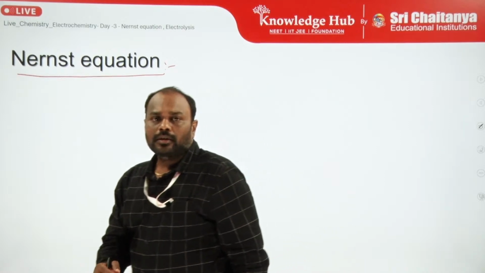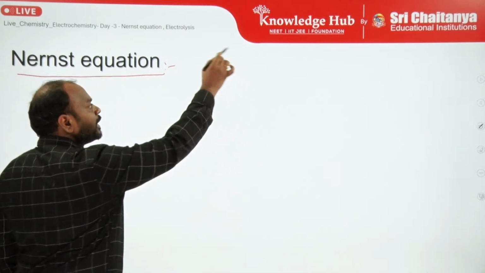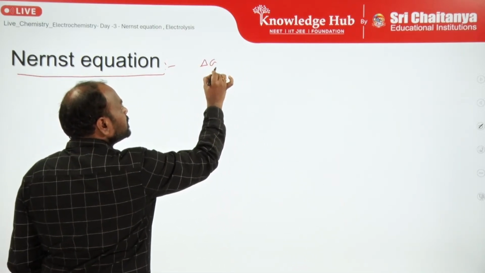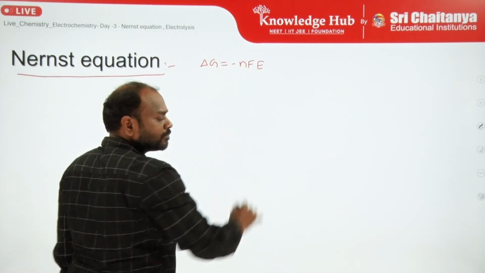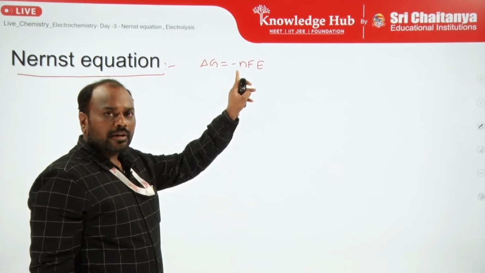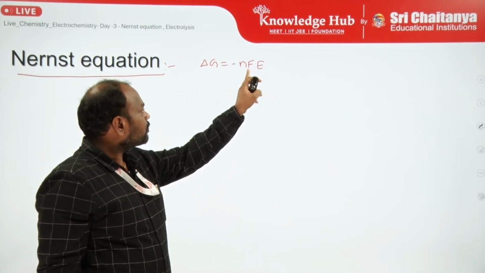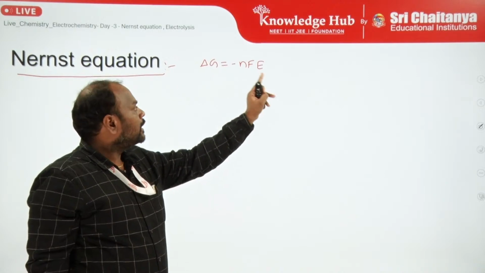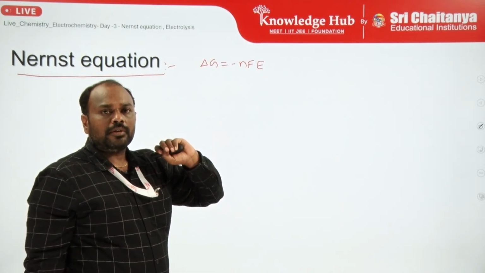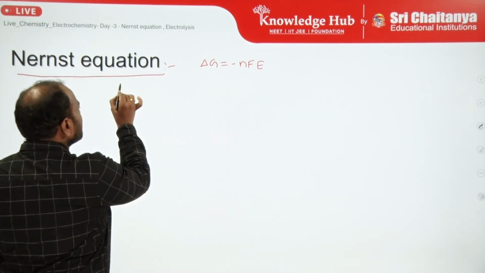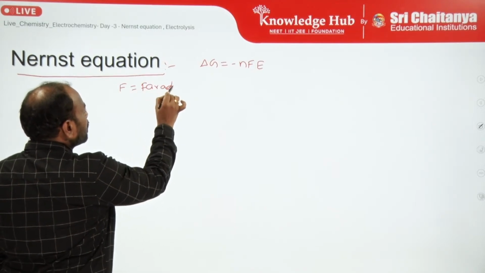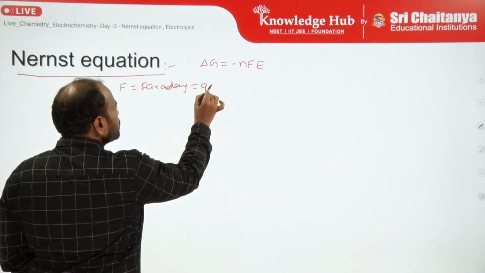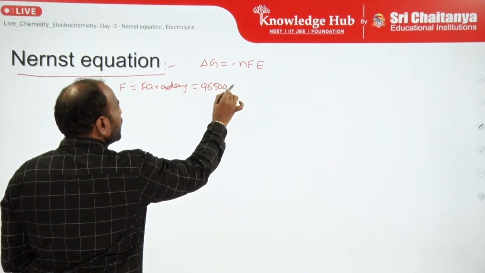See here, according to Gibbs free energy, delta G is equal to, as we just discussed, minus NFE. N is the number of electrons involved in the reaction, F is the Faraday, E is the electrode potential of the cell. F is nothing but the Faraday, which is equal to 96,500 coulombs.